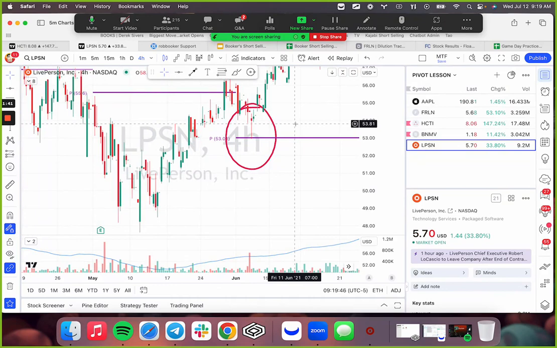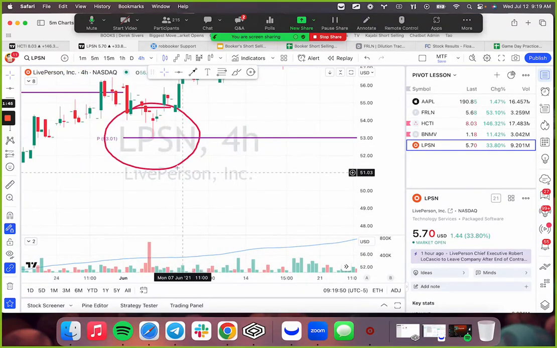And what you will notice many times is that price action will go exactly to it and bounce off of it. Why does that happen?